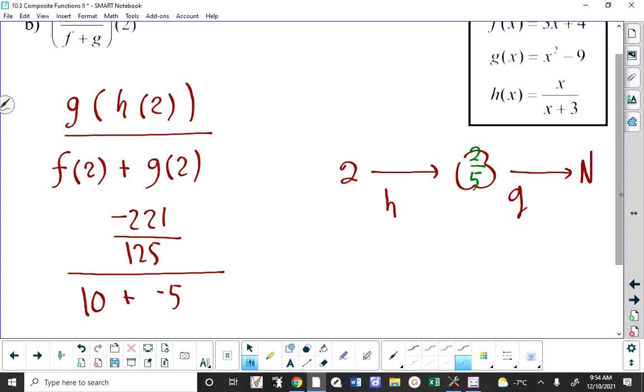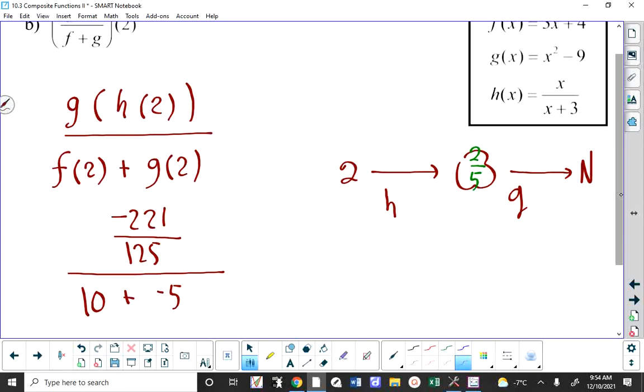I just want to make sure. It is negative 221 over 125? Oh, that's the total thing. Okay, that's the total thing. The numerator is negative, you were one step ahead of me, I should have checked. The numerator is negative 221 over 225.